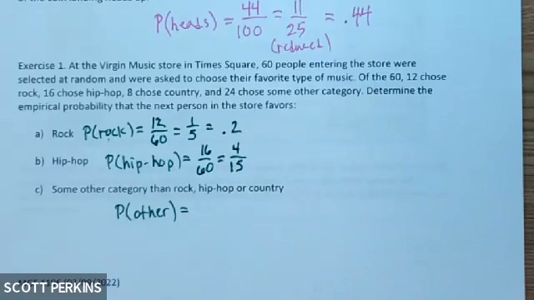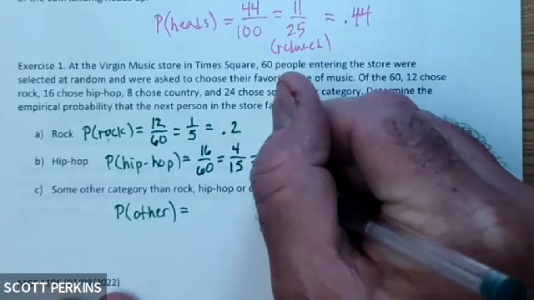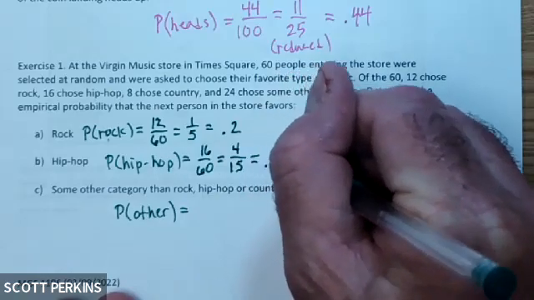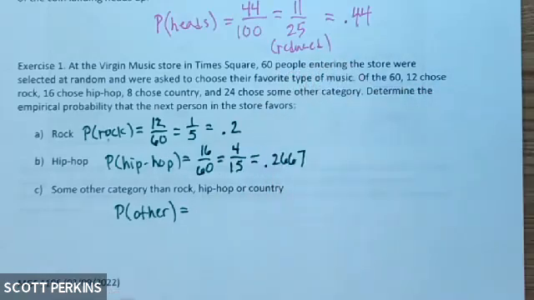And when you do that in your calculator, 16 divided by 60, you get 0.266666 forever. So I'm going to round that to the fourth decimal place. So that's 0.2667 is the decimal.